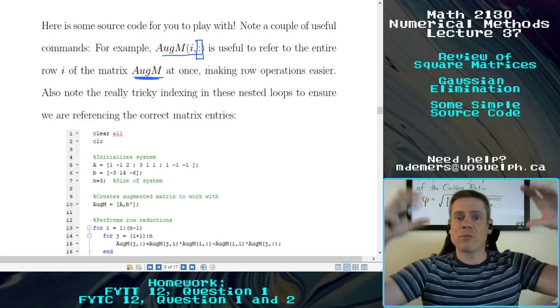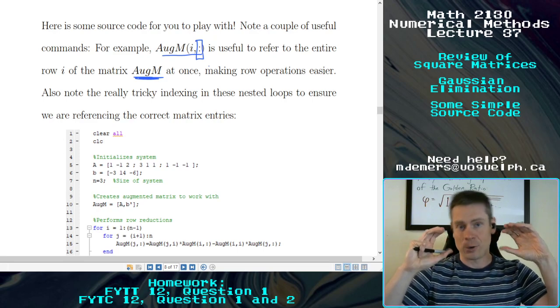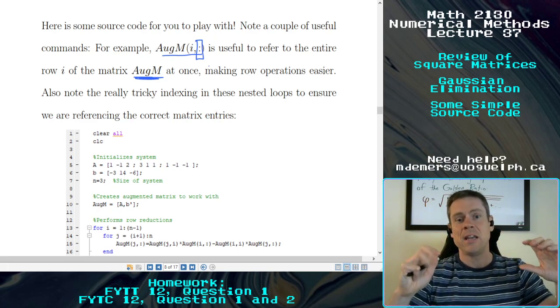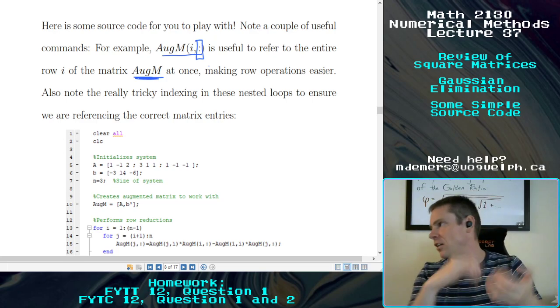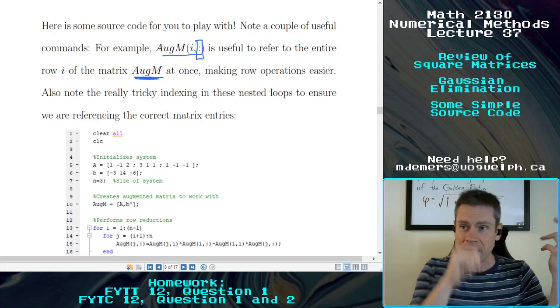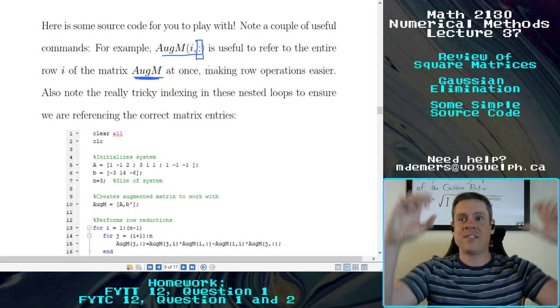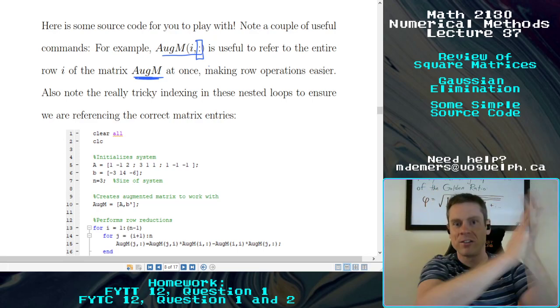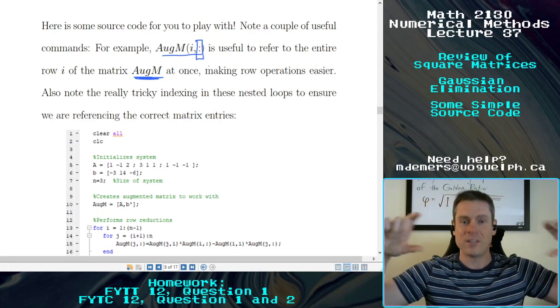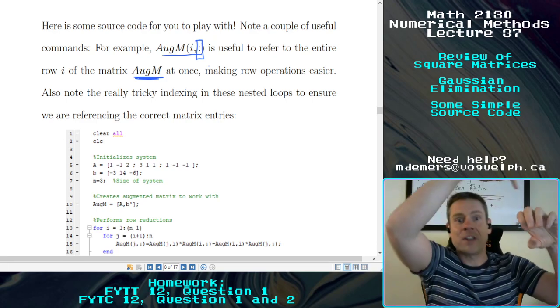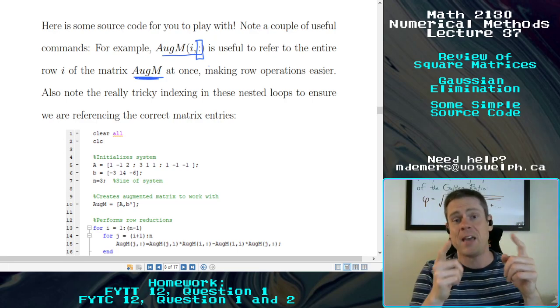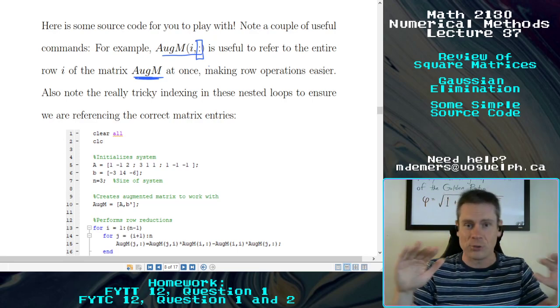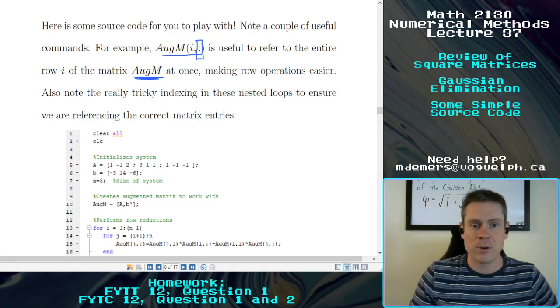That way, I can replace an entire row at a time instead of having to do it entry by entry. That's really important because if I'm taking 2 times row 1 and subtracting row 3, it's nice if I can just take 2 times one vector, subtract another vector, and replace the vector all at once, instead of having to do a loop and calculate every single entry. So this command is extraordinarily useful, and I highly recommend that you understand how it works.